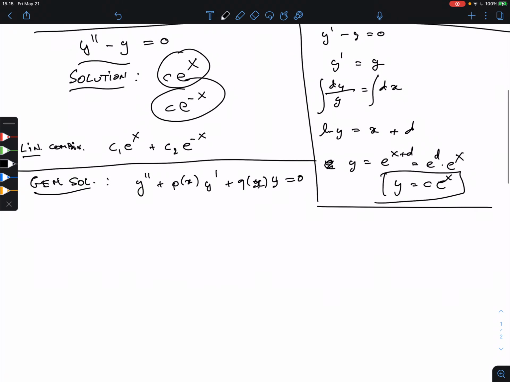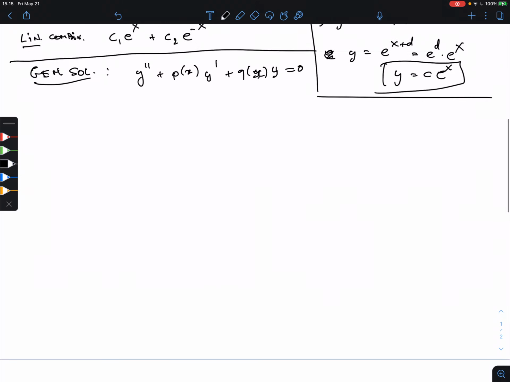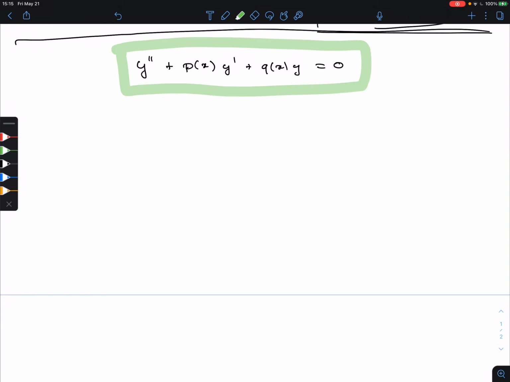So we have our linear second order differential equation, write it up again, and it's homogeneous. Let me box it a little bit. This is our linear differential equation.